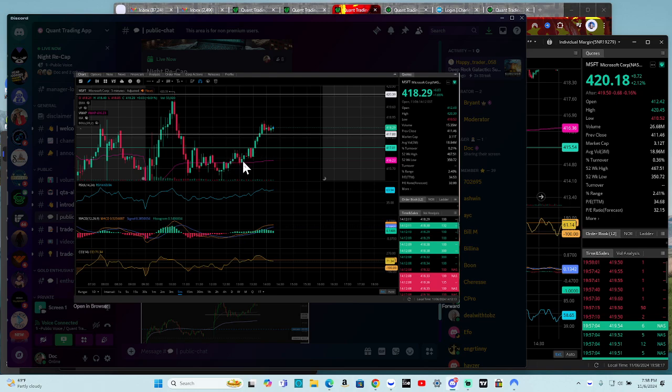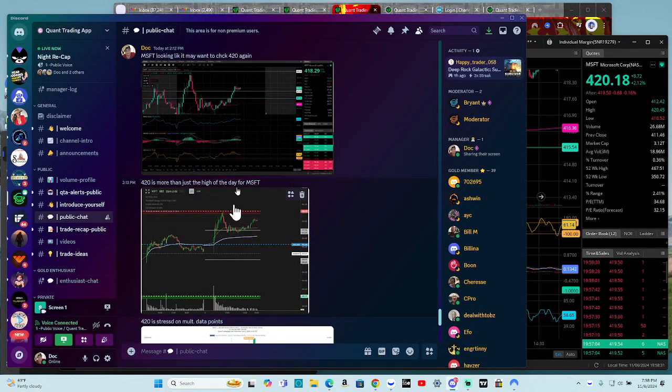So we have this bounce off the VWAP, a run up, and now a bull pull above this new support, which was resistance. This is when I alerted everyone, and I told them why. Just like what we were talking about here, 420 is more than just the high of the day, right? It is also the sell zone, which is not an impassable zone. It's just a zone of high resistance, mathematically.